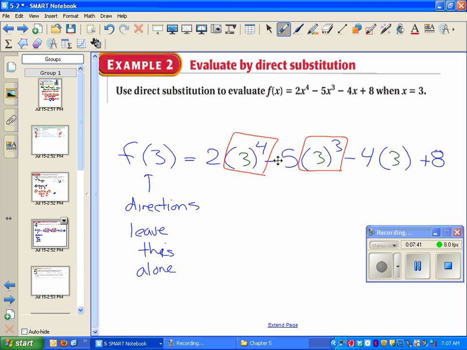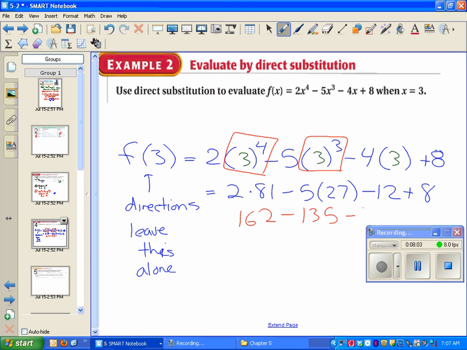So this is going to be 2 times 81 minus 5, and then 3 cubed is 27. Negative 4 times 3 is negative 12 plus 8. So please take your time. 2 times 81 is 162. And then this would be 135 minus 12 plus 8. And then you should get 23.